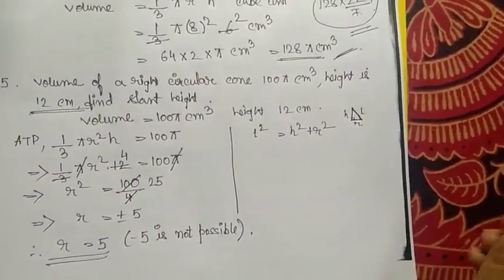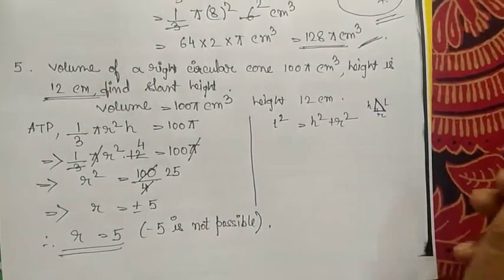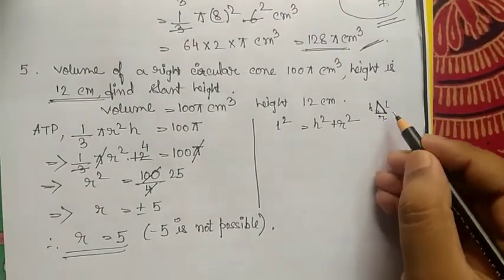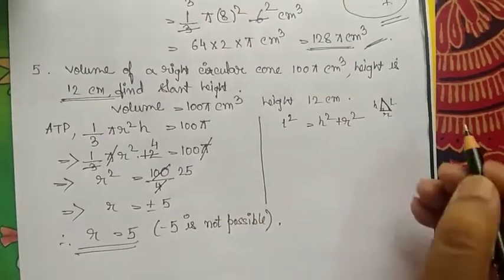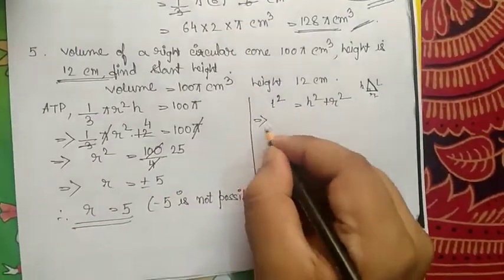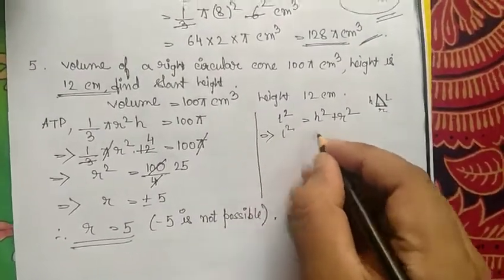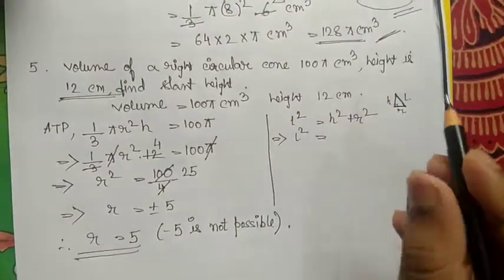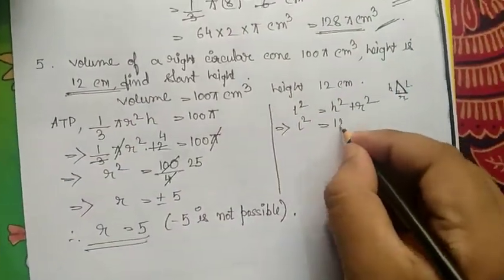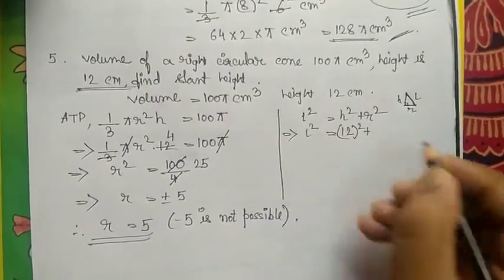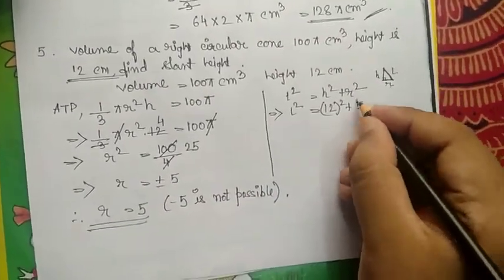So by Pythagoras theorem h square plus r square equals L square. Now putting those values, h means 12, so 12 square, r means 5, so 5 square.